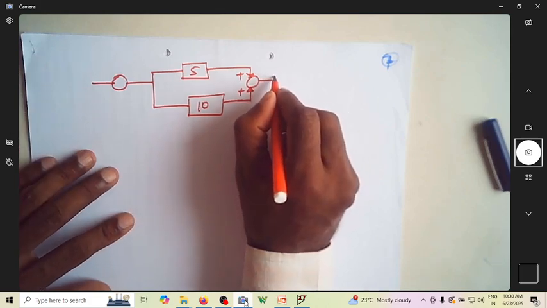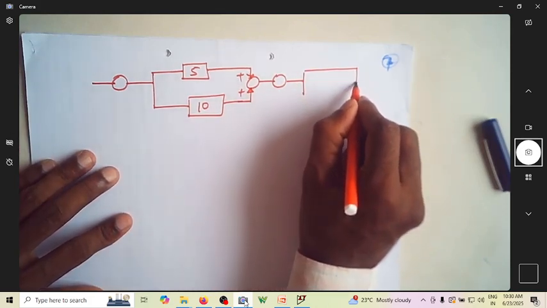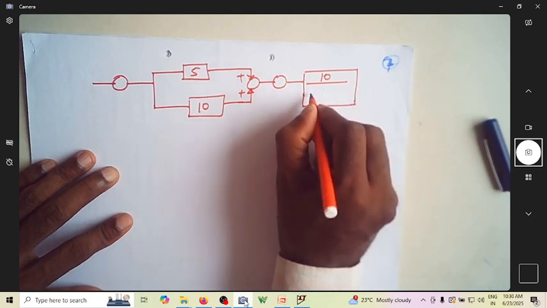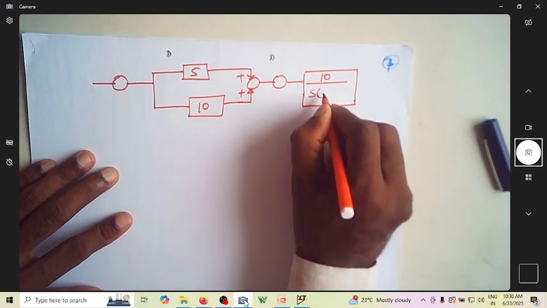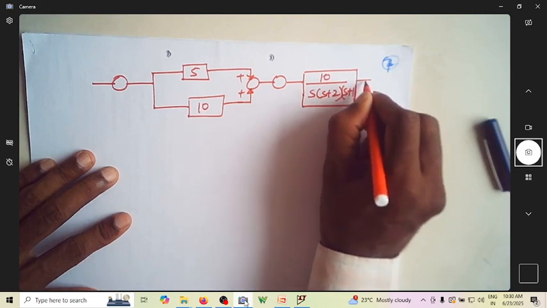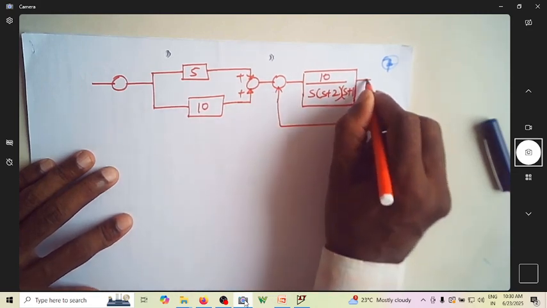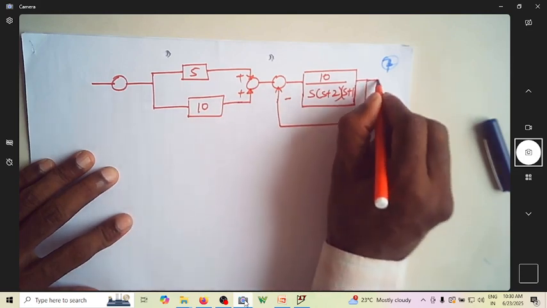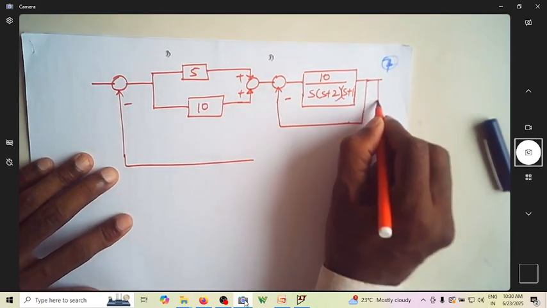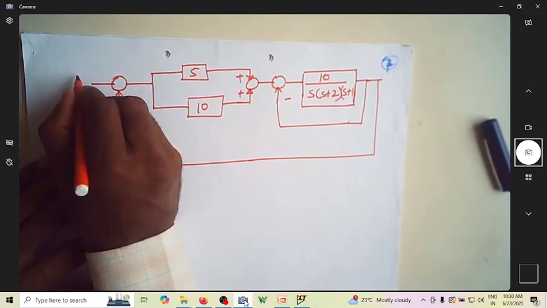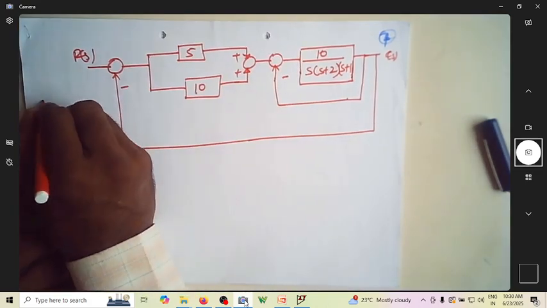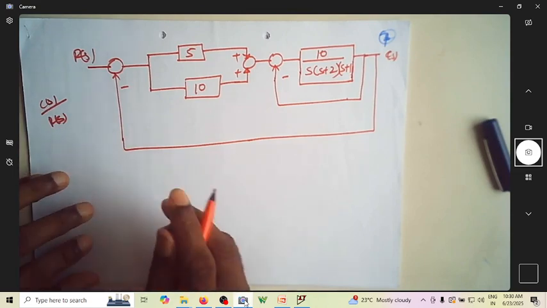Assume this one has poles, divided by s into s plus 2 and s plus 1, and assume this has a negative feedback, and an overall negative feedback from here to here. So this is R(s), C(s). I'm asked to find what is C(s) over R(s) of the system.